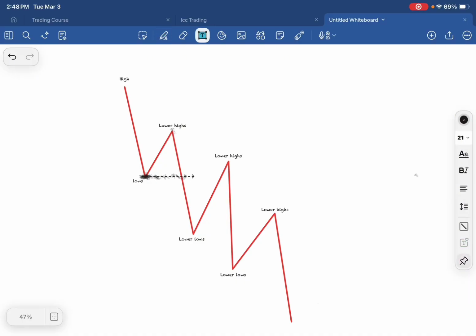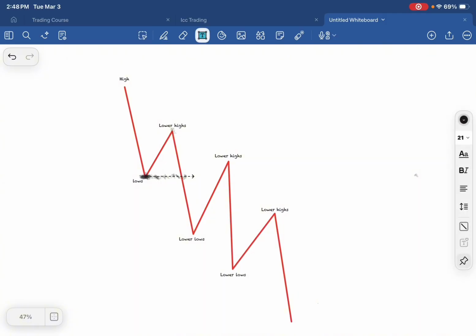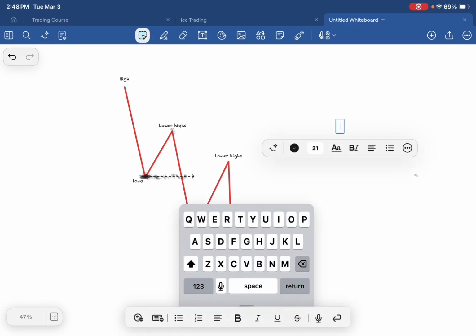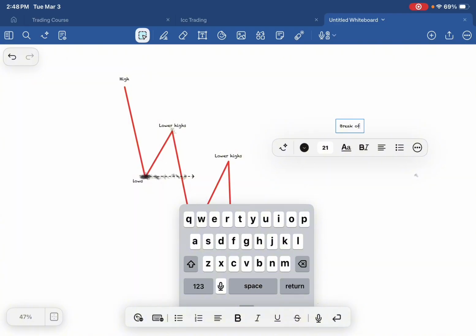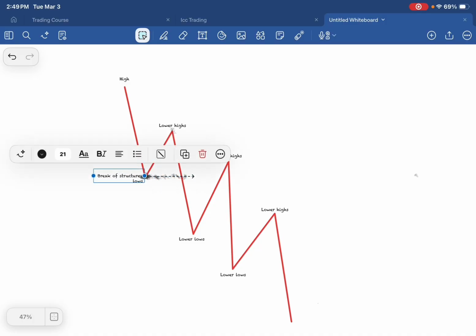When price breaks this low right here, it's going to create something called a break of structure. Break of structure, or you can call it BOS. Right here, it's called a break of structure.